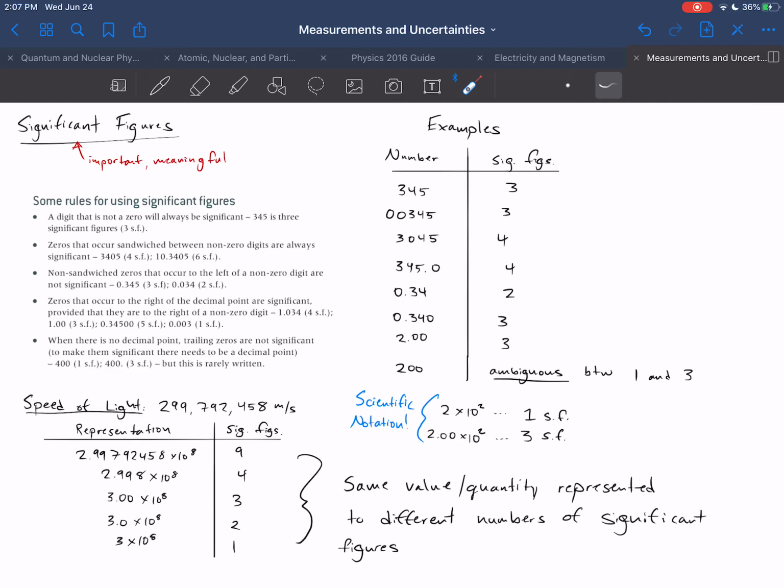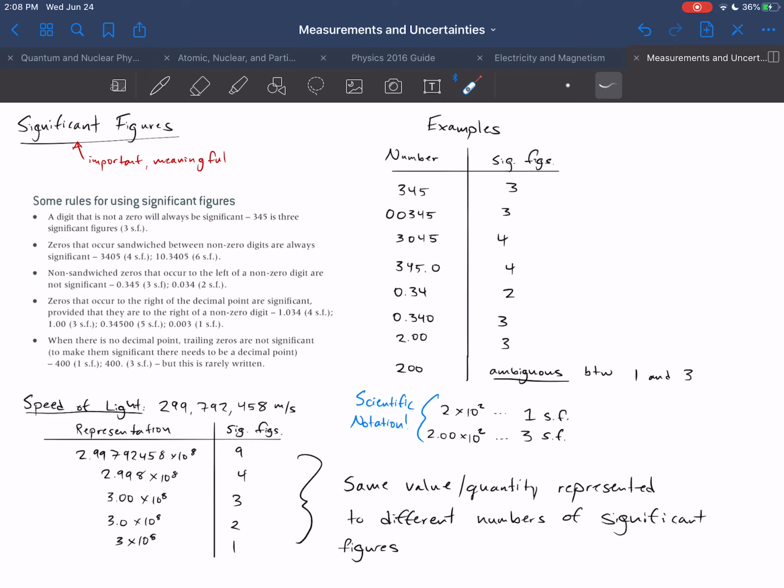Okay, so now there are a number of rules for figuring out how many significant figures or significant digits a particular value has. They're listed here. If you'd like to memorize them, that's not the worst idea in the world. But the way I would recommend getting a handle on significant figures is always coming back to the idea that significant means important or meaningful.